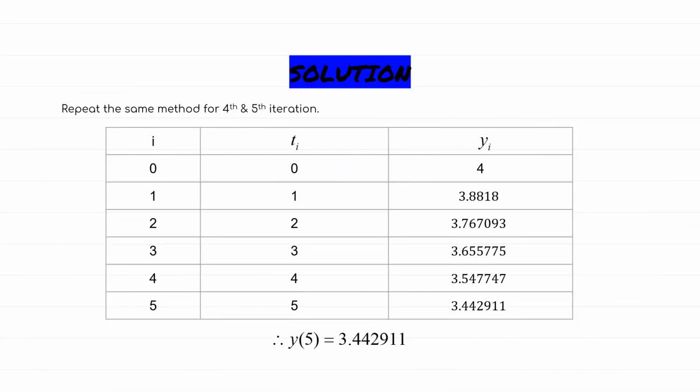We repeat the same method for the fourth iteration, 3.547747, and the fifth iteration, 3.442911. The value of y when t equals 5 is 3.442911 milligram for the modified Euler method.